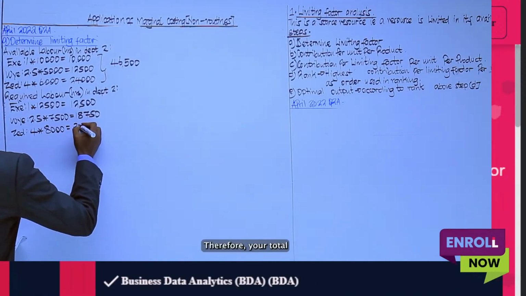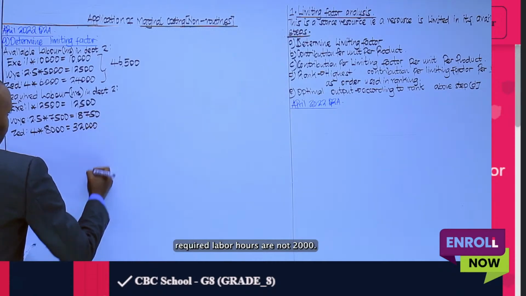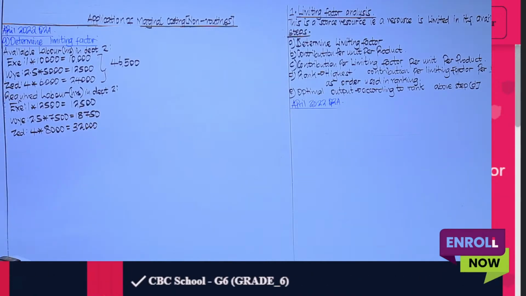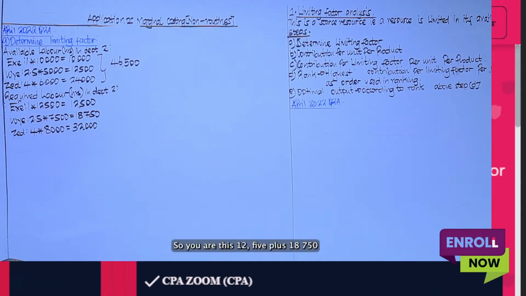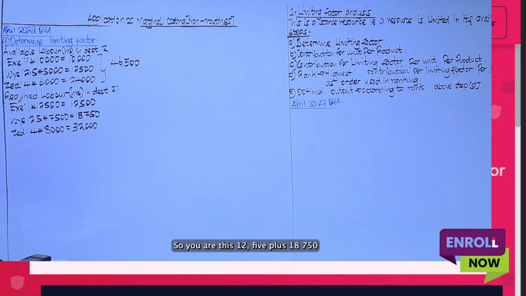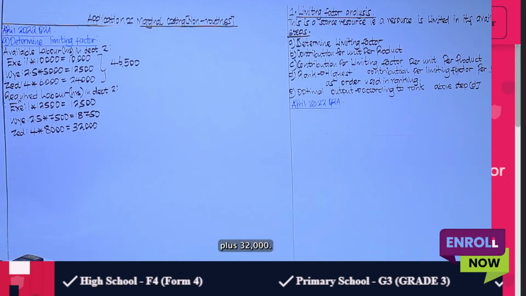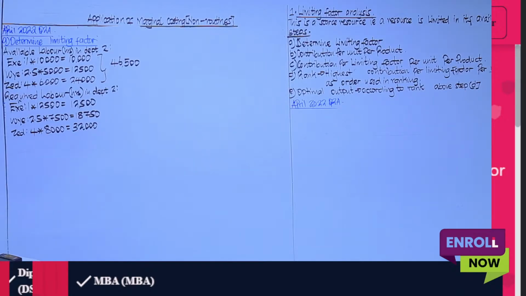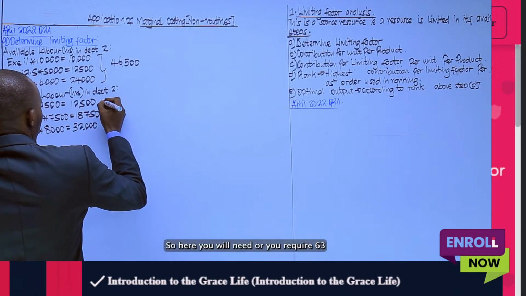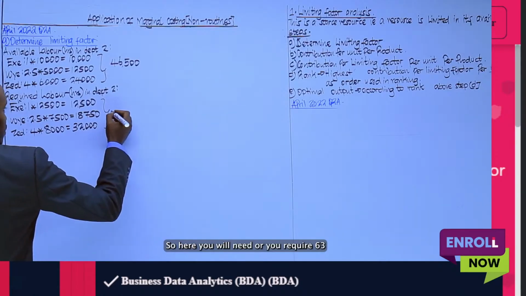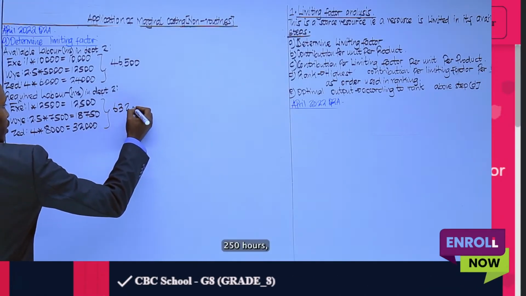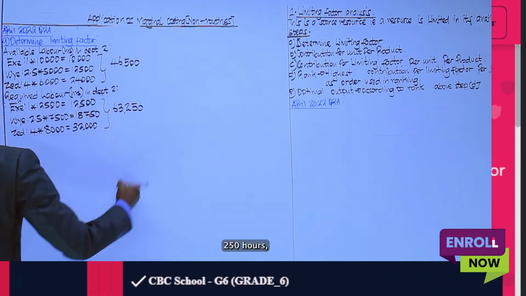Therefore, your total required labor hours are 32,000. So you add this 12,500 plus 18,750 plus 32,000. So here you will need, or you require, 63,250 hours.